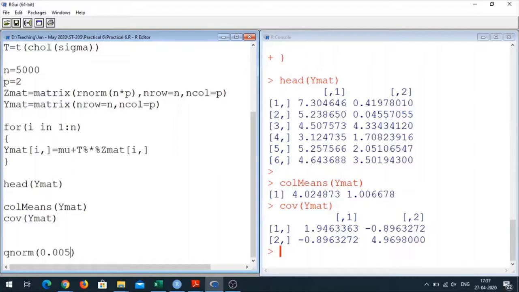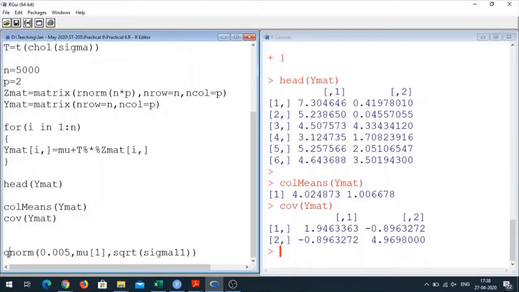I want the 0.5th percentile, where my mu is the first entry from mean and the variance is, here you need to give the standard deviation, not variance. So I would give sigma 11, square root of that. Okay, square root of sigma 11.